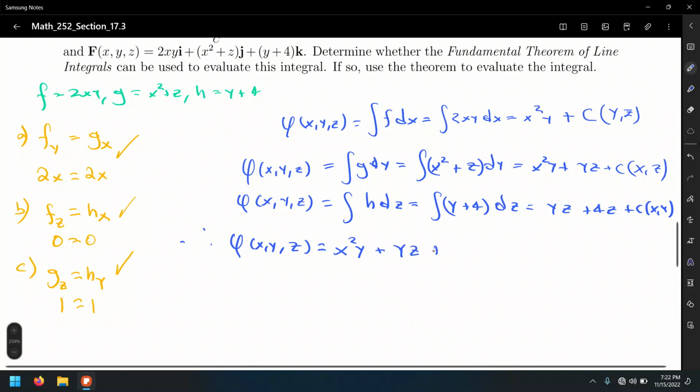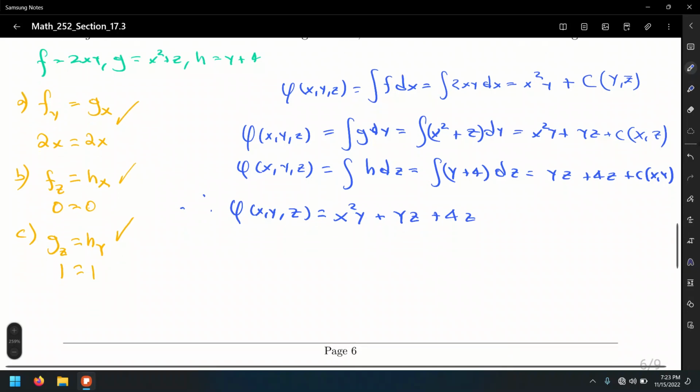The 4z, right? And of course, plus some k, but in this case, it's fine not to write that k, because ultimately we're going to use the fundamental theorem of line integrals. Those k's would cancel, whether it's a 5, a 1, a 7, so in this situation, it's fine.